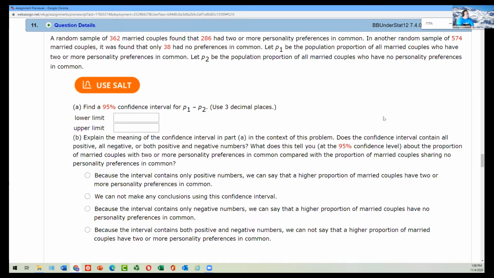P1 is going to be the 2 or more, and P2 is going to be the no. So we are going to create a 95% confidence interval based on all that. I'm going to write down some things and then you can see what I'm doing. I'm going to call it population 1 then population 2.